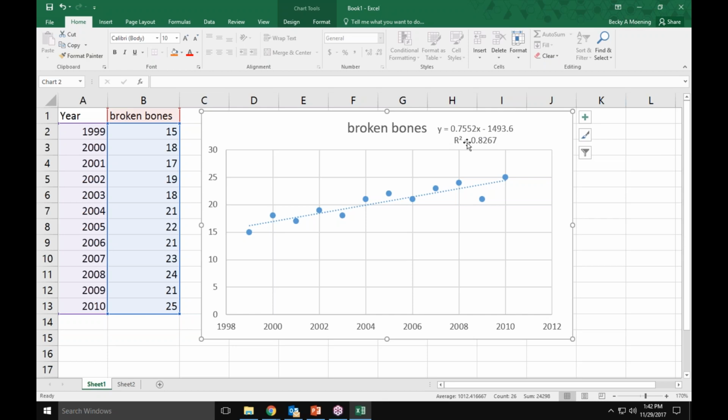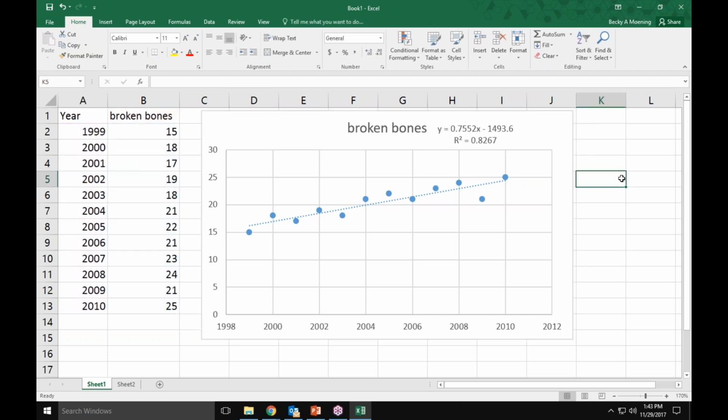All right. So if the r squared value is 0.8267, what is my linear correlation coefficient? So we're given r squared. The linear correlation coefficient we know is just r.